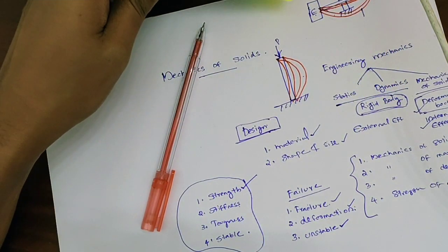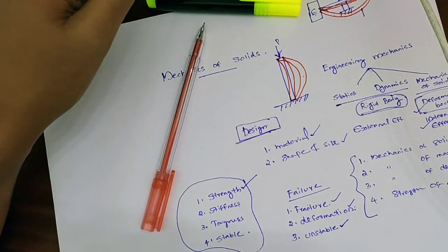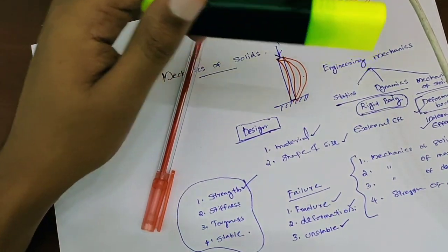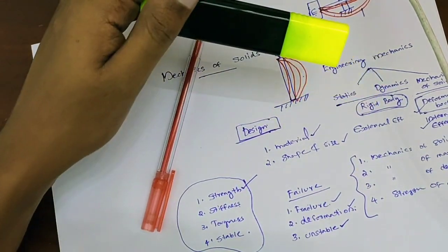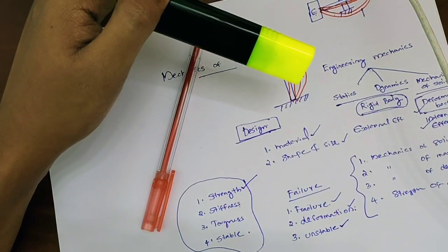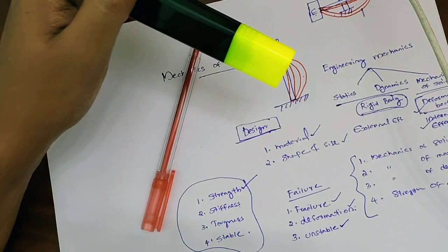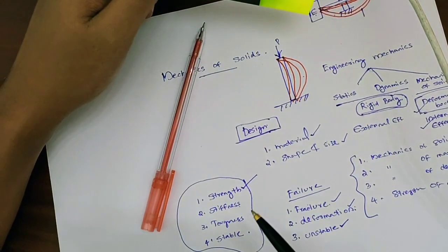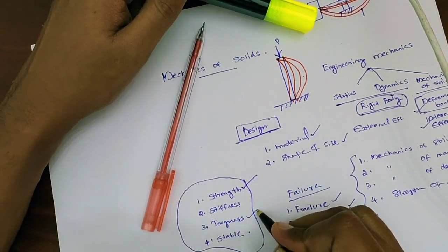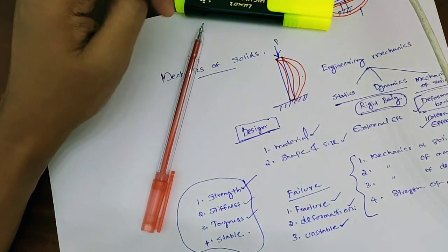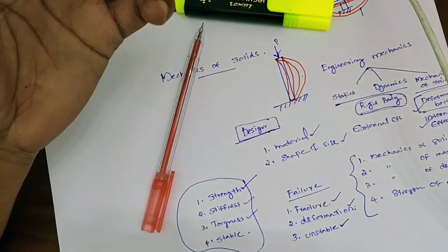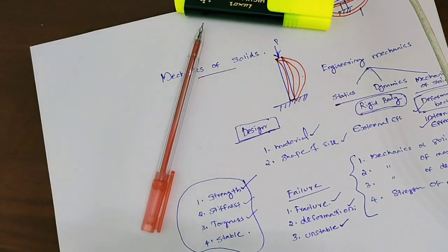During impact loading, the body should have enough capability to absorb the energy. If the body has enough capability to absorb the energy, then we can say the body has enough toughness. So the energy absorbing capacity of the body is called toughness.